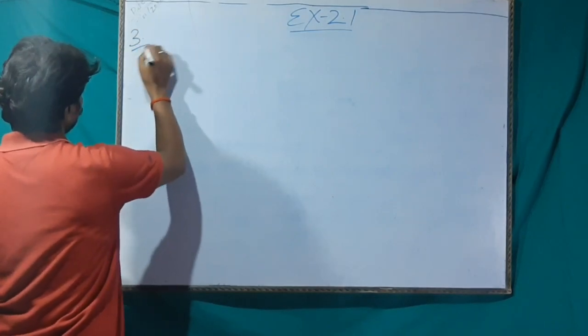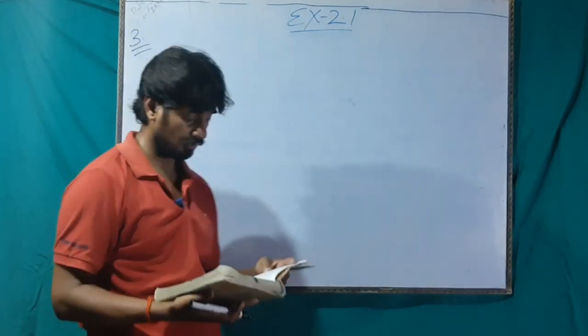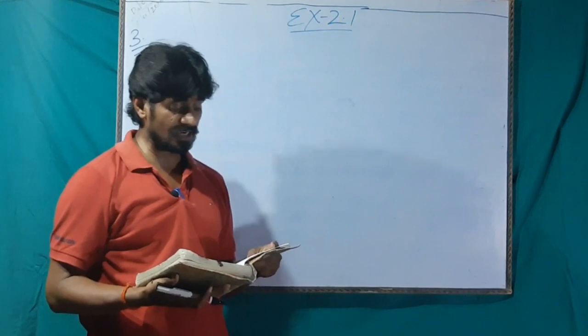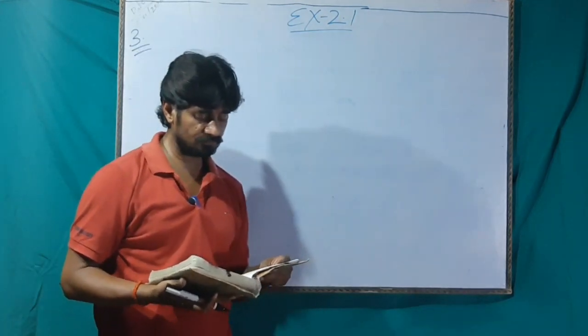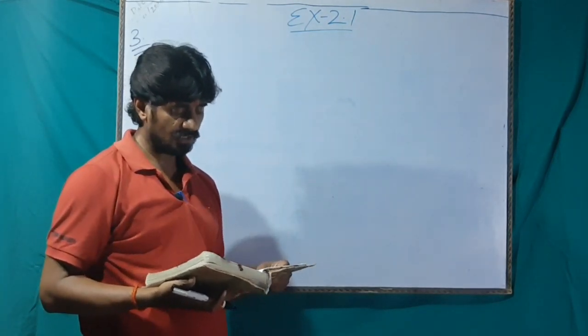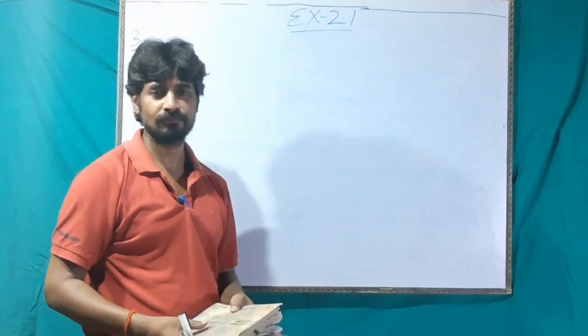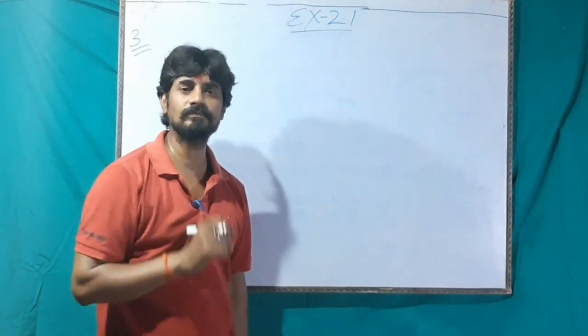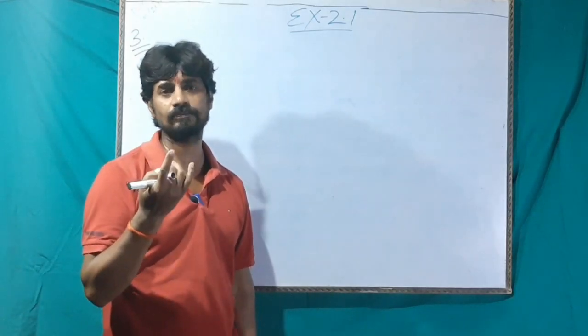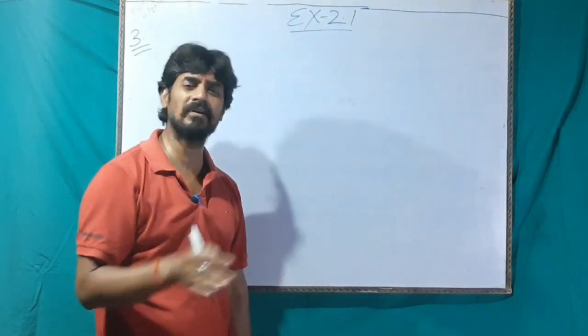Question number 3. Give one example each of a binomial of degree 35 and a monomial of degree 100. Binomial means two terms, monomial means a single term. We can write any one example.